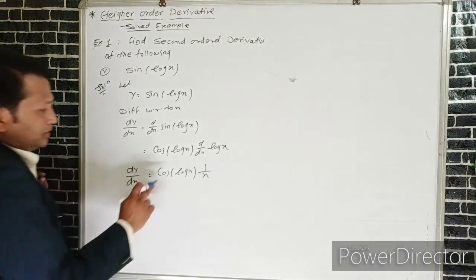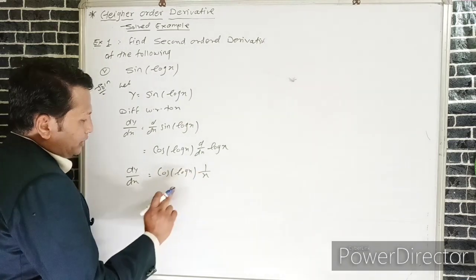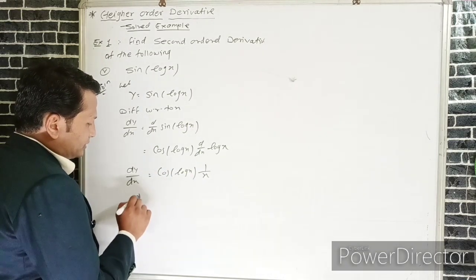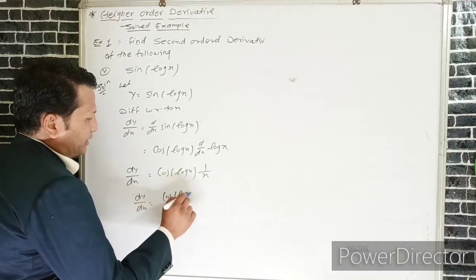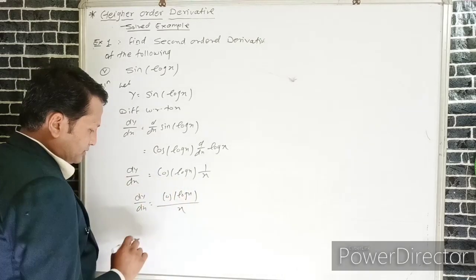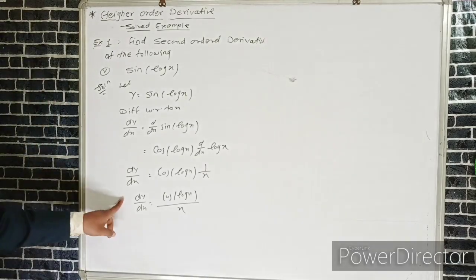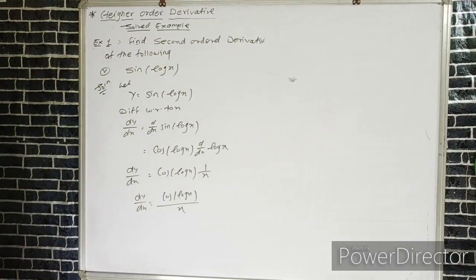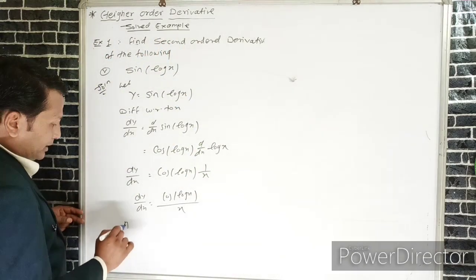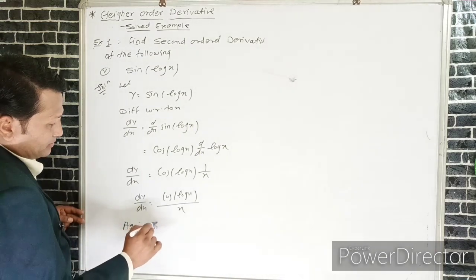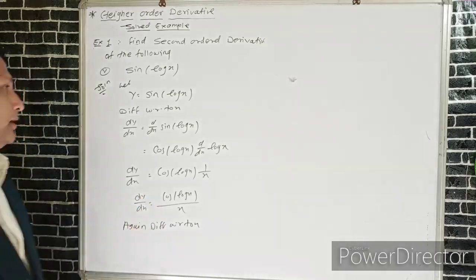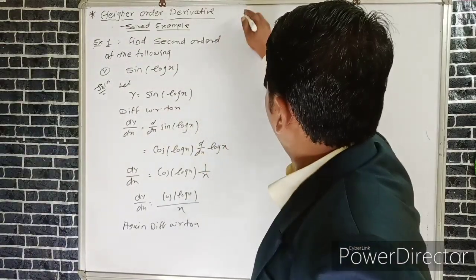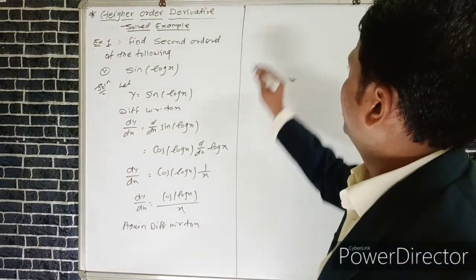The given function is in the form of u into v, or with this function we can write dy upon dx is equals to cos of log x upon x, which is the first order derivative, but we have to find second order derivative. Hence, we again differentiate with respect to x. This function is in the form of u upon v.